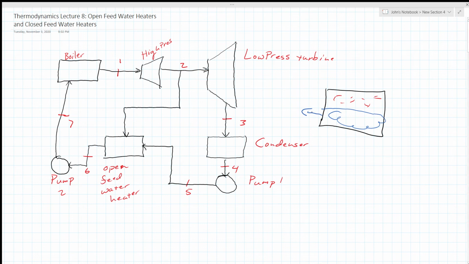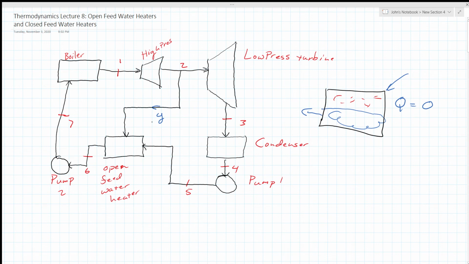This is purely an internal process. There's no heat added from the surroundings. This allows me to increase the temperature prior to going through the pump. Therefore, I need to add less heat in the boiler to superheat the water, turning it into superheated steam and sending it through the cycle again.